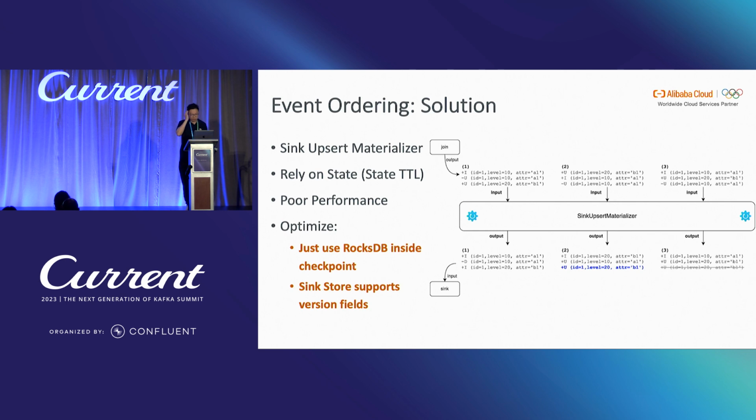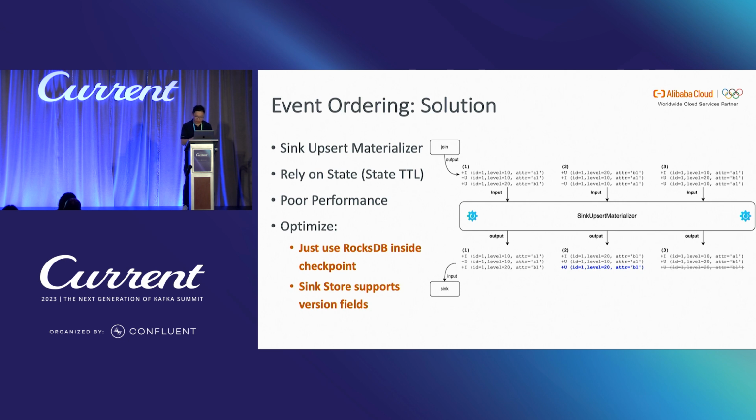The figure below shows how output changelog events from the join operator are processed and transformed into input changelog events of the sink table. In the second scenario, when a row removed from state is the last row, it will emit the second last row downstream.